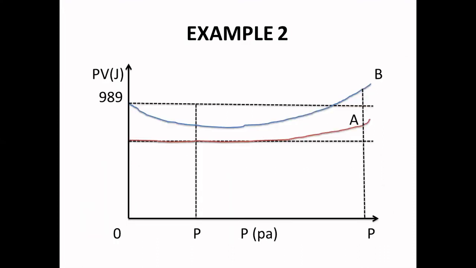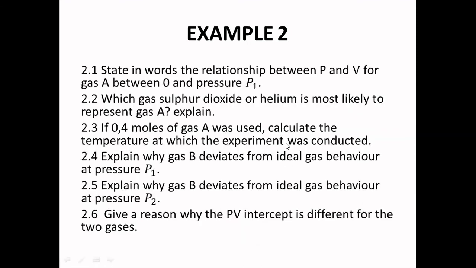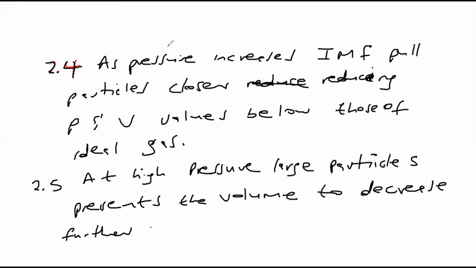So you can say the intercept is different. So what is the reason? Let's write that together. Okay, it's because the gases have different number of moles or different amount.